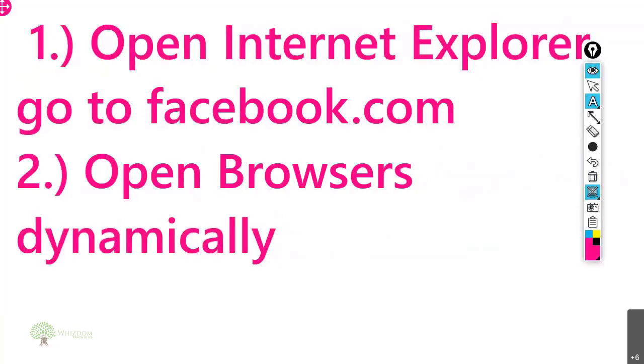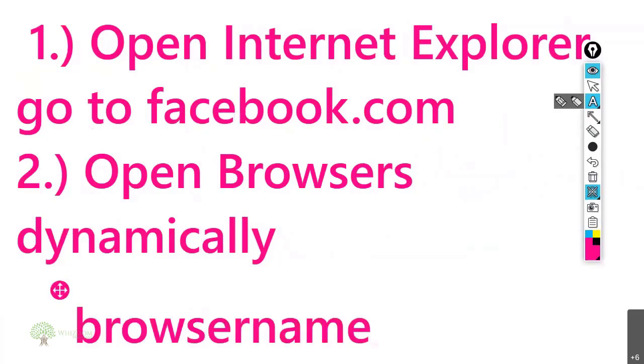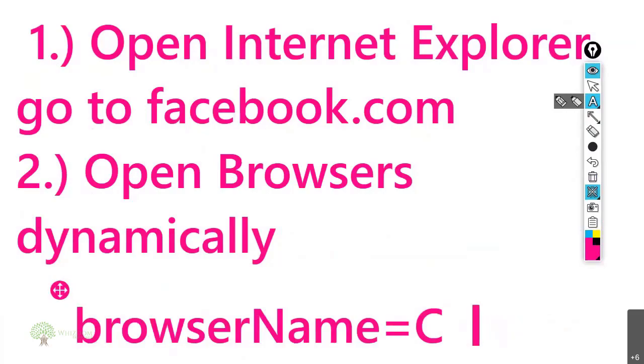Right? How? For example, say you specify a browser name in a variable, browser name, right? Which should have the value, for example, either Chrome or Firefox or IE.